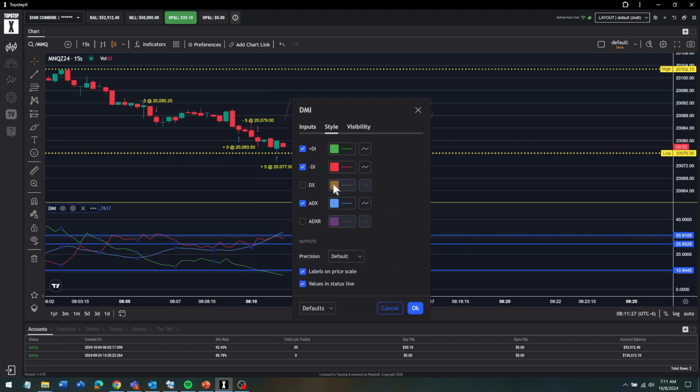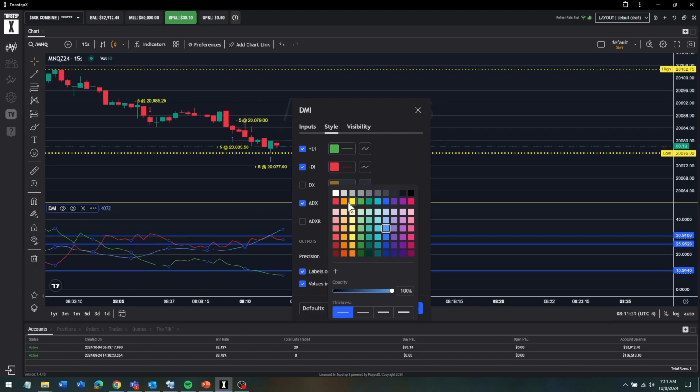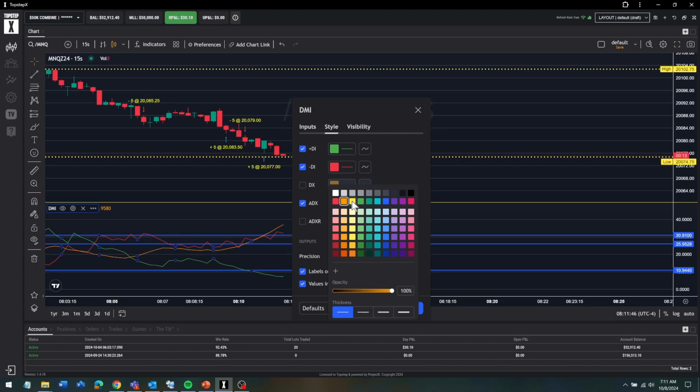So let's go ahead and we'll change the color of the ADX, and we'll try and go for something. Should we go for something yellow? I have quite a few yellow lines. Pink? No, that's too close to red. Orange is good. That is good. Let's do that.